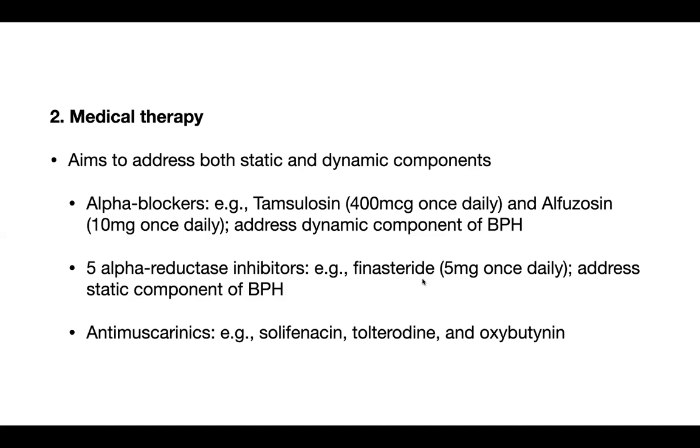The three main categories of drugs that are given are alpha blockers, 5-alpha reductase inhibitors, and anti-muscarinic drugs. In as much as the alpha blockers, examples include tamsulosin, alfuzosin, which are drugs that can be used to help, especially with the dynamic component of the BPH.